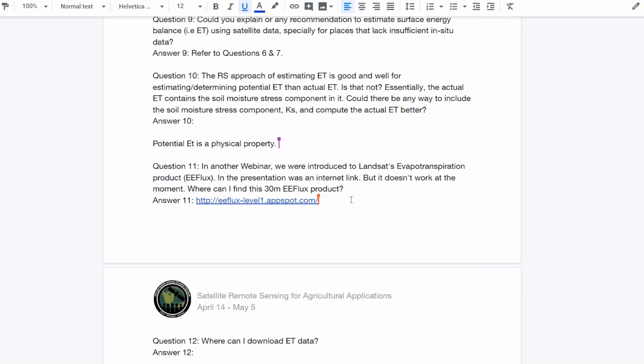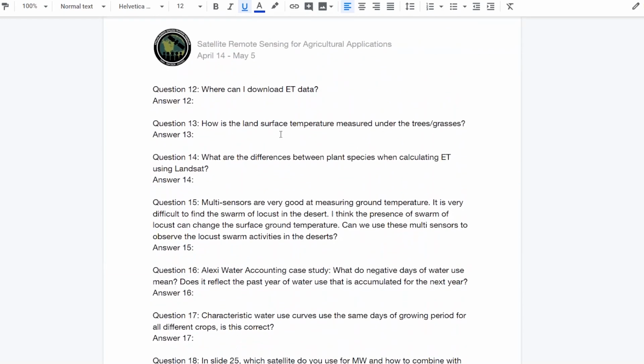Great. Question 12: where can I download ET data? This is a question where it's probably better for me to come back and edit this later, and I can provide some links to openly available data.